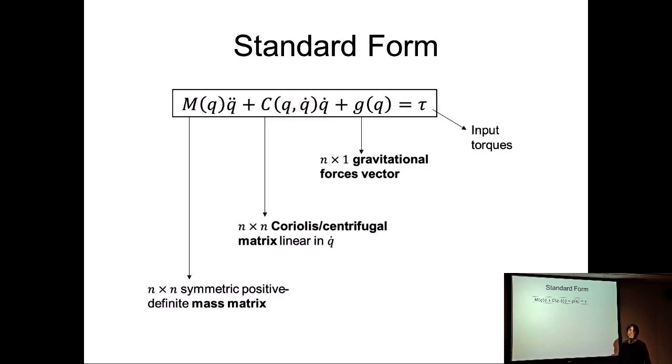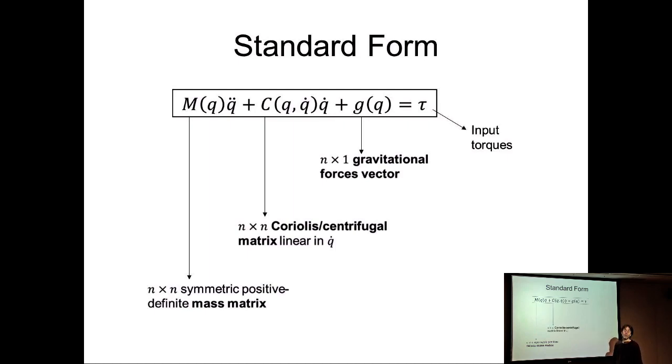This is the so-called standard form. Not only is it a more concise representation of the equations of motion, but it also will provide some insight as to how or what the terms of the equations of motion mean. Here, we have a mass matrix, which is a square positive definite matrix that corresponds to the inertia terms of your equation.